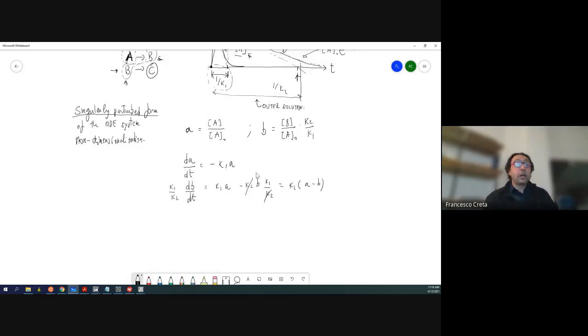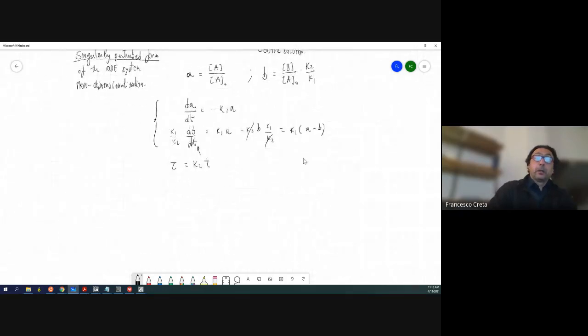Now, this is not fully non-dimensionalized, clearly, because we still have time. Time is dimensional in these equations. So we introduce a non-dimensional time tau, which would be K2 times t. Remember that K2, just as much as K1, has units of 1 over time. So tau now becomes non-dimensional.